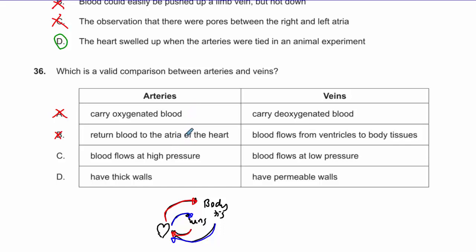It actually goes from the ventricle to the tissues they supply. C, the blood flows at high pressure. Yes, that is correct. Maybe we have the correct one here. Blood flows at low pressure in veins. Yes, so it seems C is the correct one.